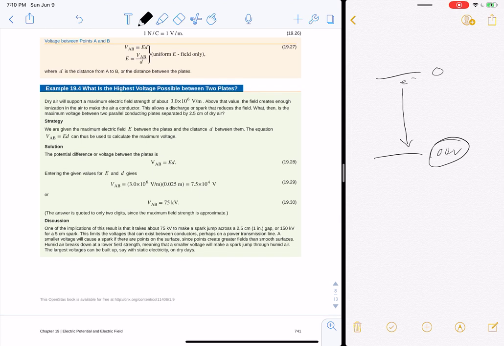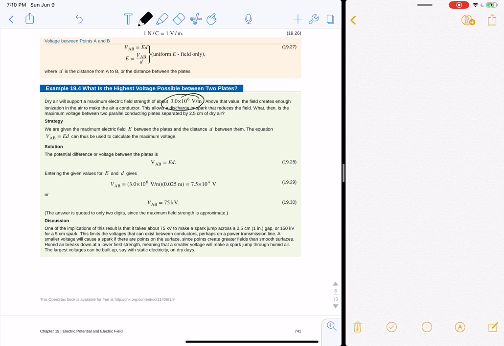All right, example 19.4. This is a pretty cool example, because you may have seen videos on the internet of two power poles shorting out between each other and suddenly creating lightning between the two poles in space. This is because the voltage between the two is high enough to break down air and turn air into a circuit, and this is how lightning works. Dry air will support a maximum electric field strength of about 3 million volts per meter.